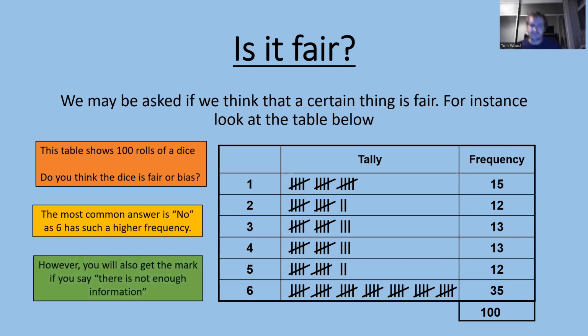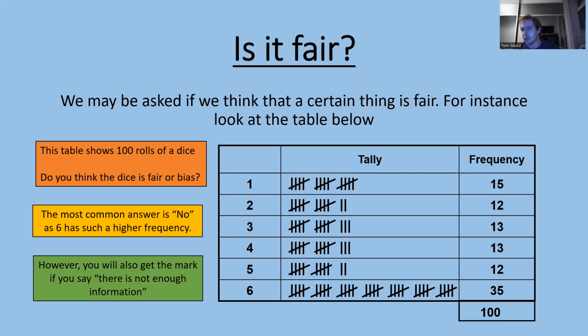However, you can also get the marks for saying the opposite. It's one of those questions where if you make the comment and you explain yourself, then you're pretty much guaranteed the mark here, or at least 2 marks in a lot of cases. You could also say, well, I can't really tell you. It might be biased, but it might be completely fair.